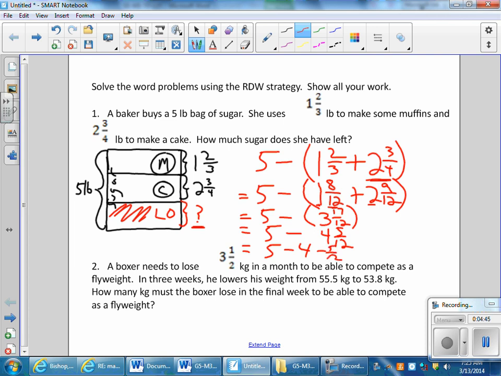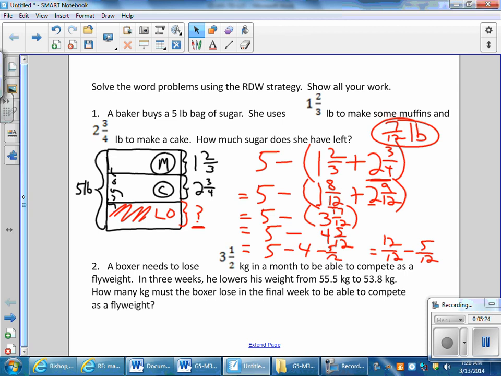So 5 minus 4 is equal to 1, and then I have to subtract that last 5/12. My final answer, if I don't know what 1 minus 5/12 is, I can change that 1 whole into fraction form with a common denominator, 12 twelfths. 12 twelfths minus 5 twelfths is 7 twelfths of a pound. She has 7 twelfths of a pound of sugar left.